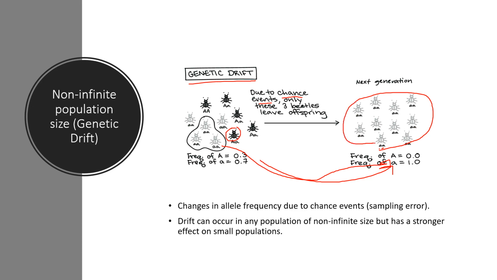So we see what we call a fixation event occur. There are some labs we will do when I get back looking at fixation. Fixation is no good. We don't want that. This decreases genetic variation.